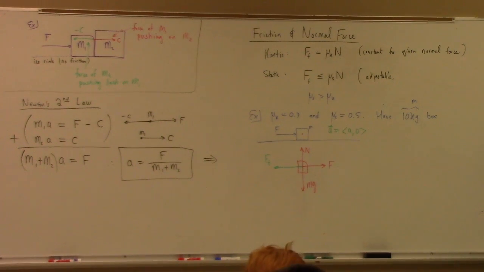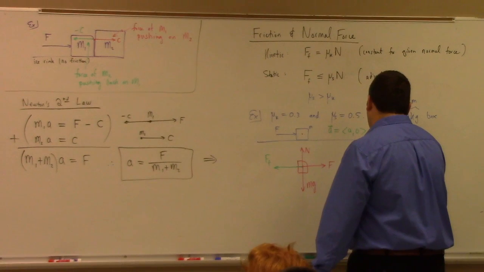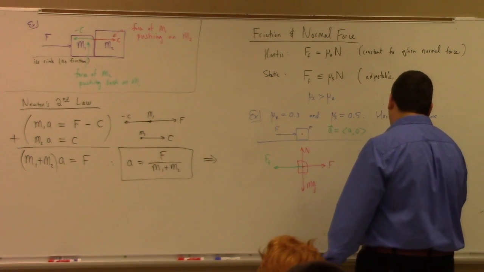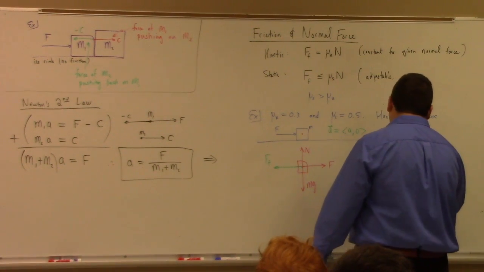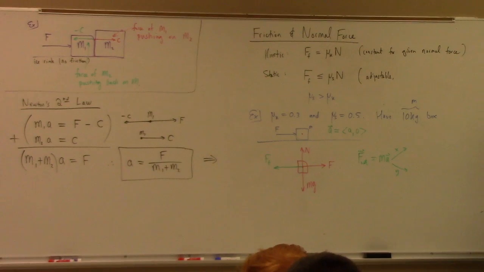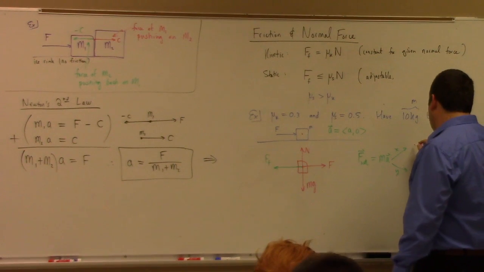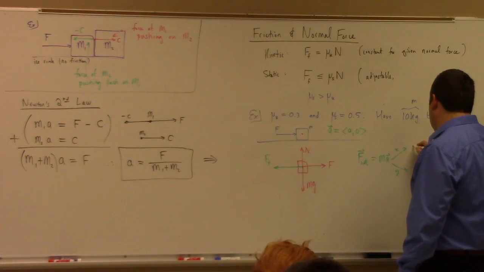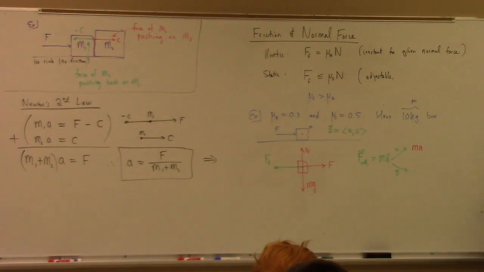So when I look at the equation, the net force is equal to mass times acceleration, I get two components here. I get the x component and I get the y component. Right? What's the x component say? The x component of this equation says I'm going to write the ma on the other side. I hope I don't blow your mind with that.